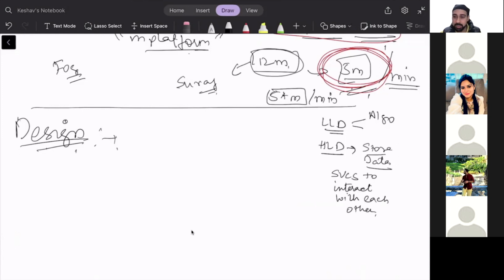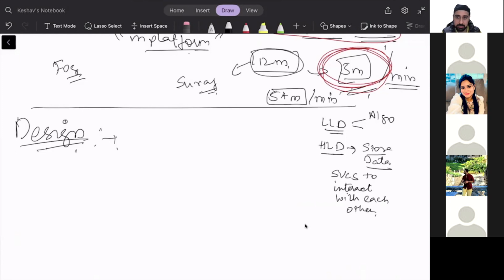So, about the HLD part, did anyone get the HLD part or want to share about it? Devyansh, you had that HLD. So first, for example, we get a request from the train that I'm arriving, I want a platform now.